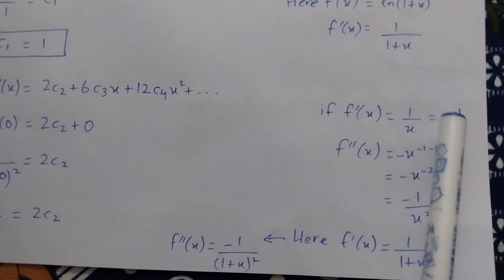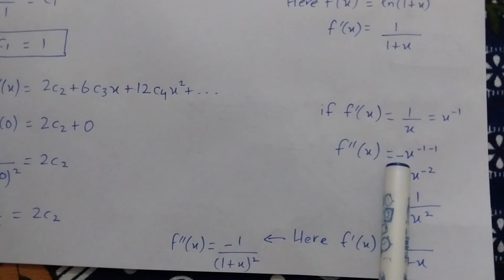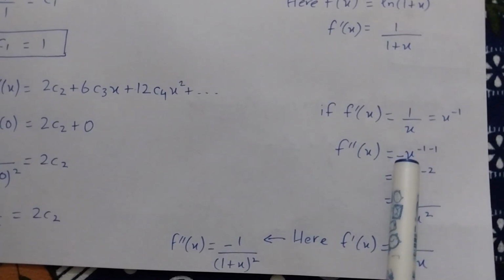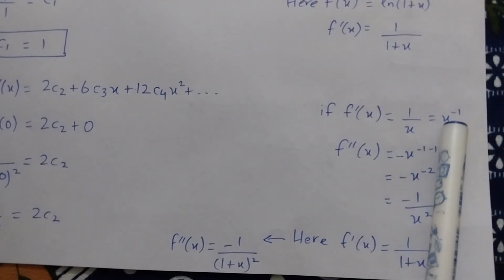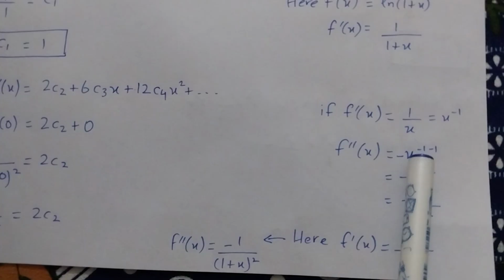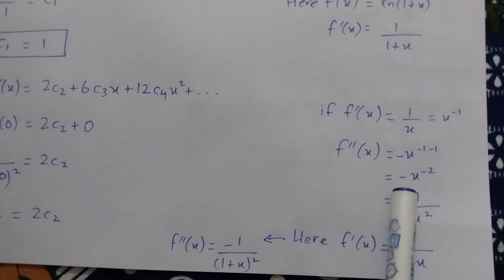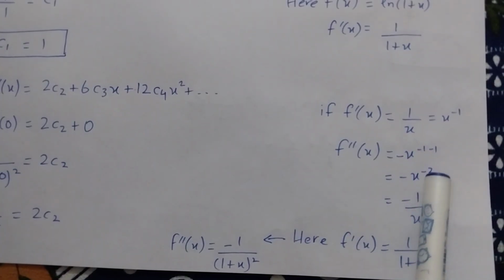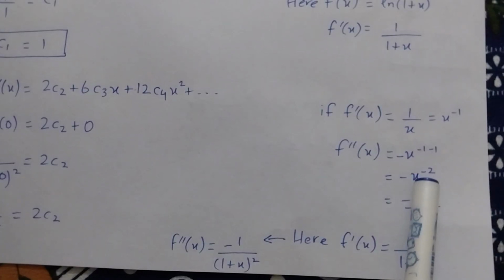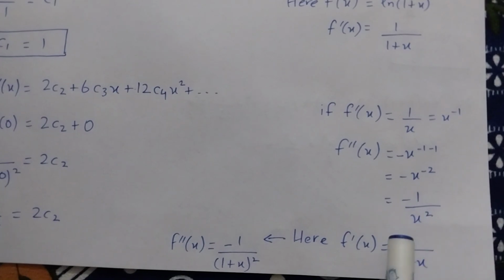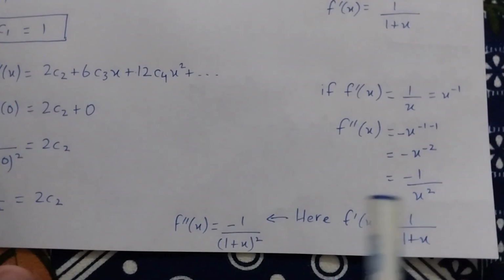The power gets in front, so minus 1 comes in front, and we reduce the power by 1, so minus 1 minus 1, so we get minus times x raised to power minus 2. And if we want this negative 2 to be positive 2, we need to shift this to the denominator, so we get minus 1 over x squared.